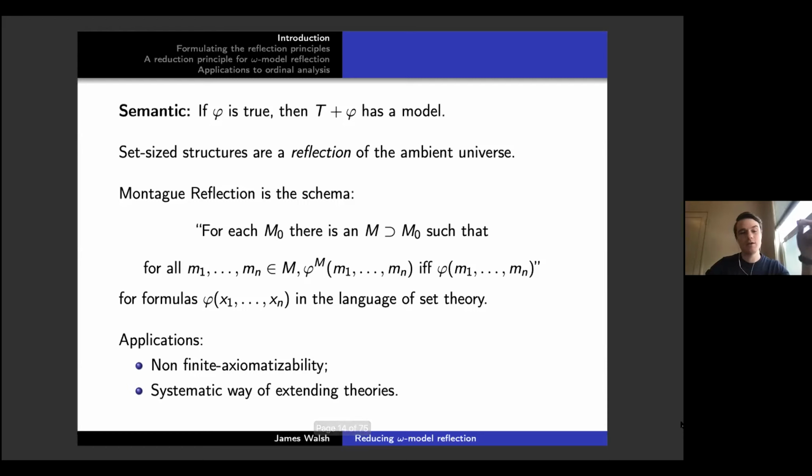And another application has been to study systematic ways of extending theories. As I mentioned, you can put lots of bells and whistles on these reflection principles. And people have studied reflection principles that you get this way that have large cardinal strength and the hierarchies of principles that you get this way.